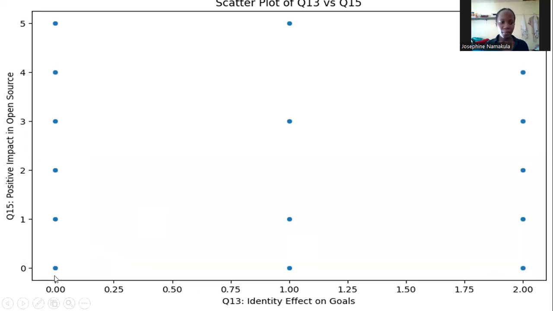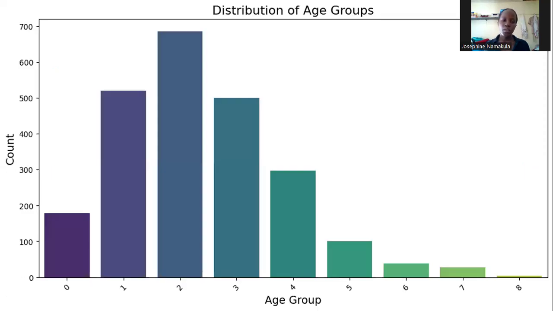We can see here that the positive impact on open source at 0 against question 13, which is identity effect on goals, we have 1. And again here the identity effect on goals is at 0, but at 4 with positive impact on open source. I find a bar graph again.